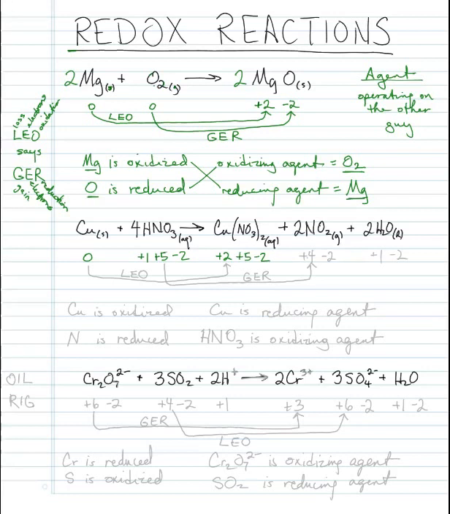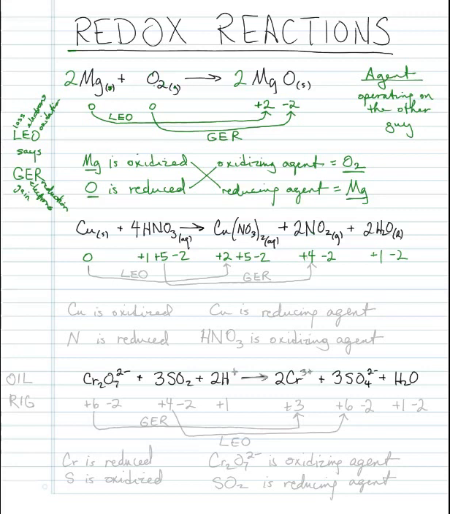Then we get over here to nitrogen dioxide, and the -2 for oxygen obviously goes right in, and then the nitrogen to neutralize those two oxygens has to be a +4. And water has just hydrogen and oxygen, so that's pretty obvious. Now, who has changed? In most redox reactions, there are several elements that don't change, but there will always be two that change.